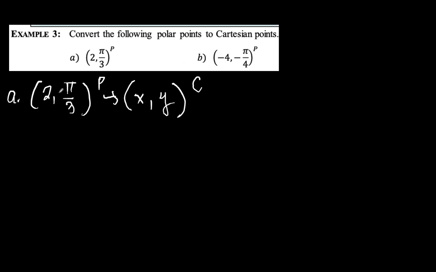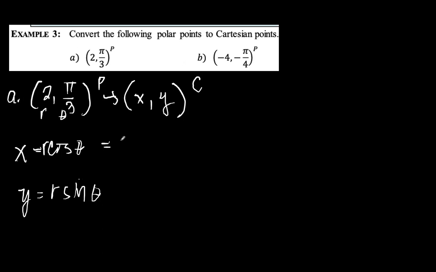To identify the values of x and y, we use the trigonometric formulas: x is equal to r cosine theta, and y is r sine theta. Our r here is equal to 2, and our theta is equal to pi over 3. We just need to substitute these values in the given formulas.